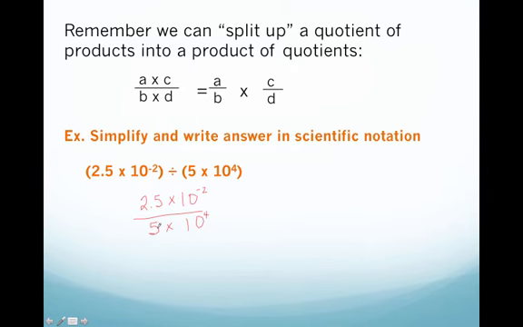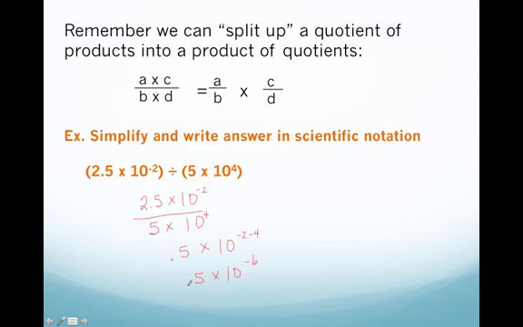So I've got 2.5 divided by 5, so I've got 0.5, and I know that this is going to be 10 to the negative 2 minus 4, or negative 6. So I've got 0.5 times 10 to the negative 6.